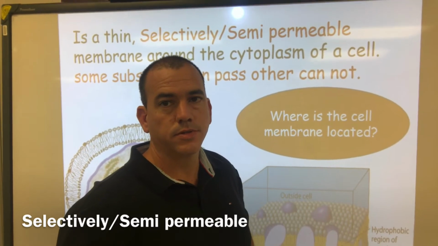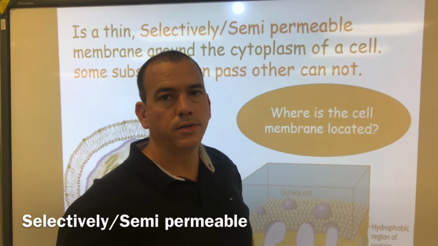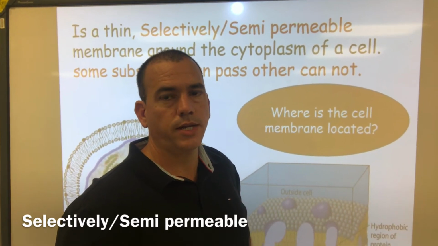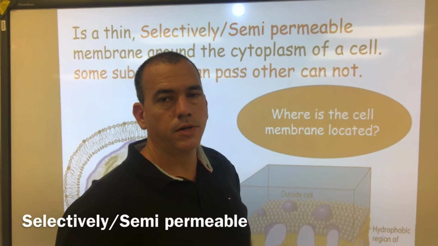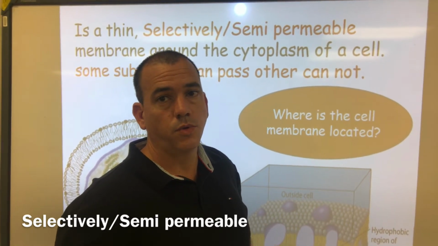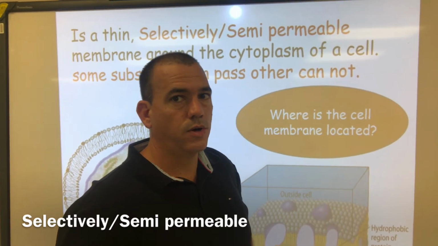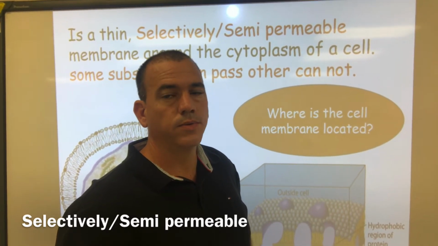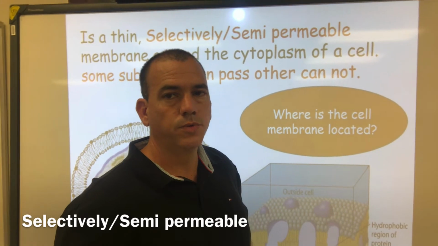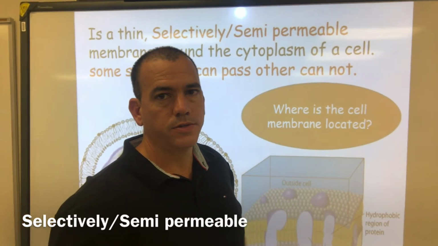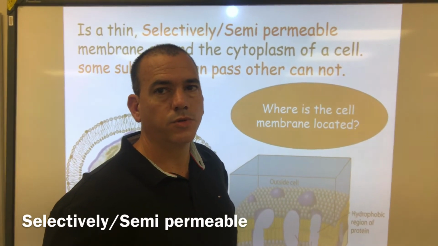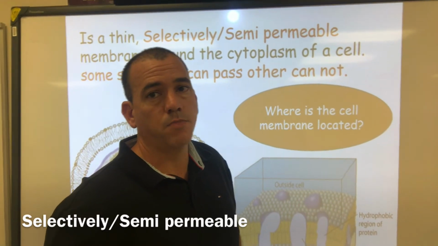Like a fence or a tea bag. If you've ever seen a tea bag, it has little tea leaves inside of it, and you put it in the teacup with the water, and then what happens? Well, stuff comes out of it, but do all the tea leaves go inside the water? No. So some things go through, not everything. Semi-permeable. If it's small enough, it'll go through.